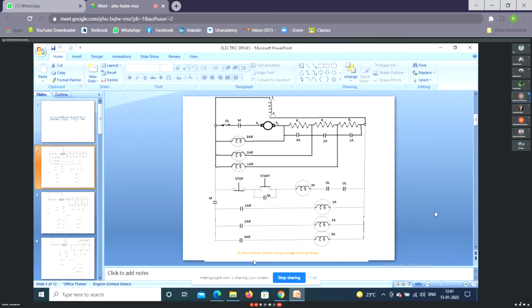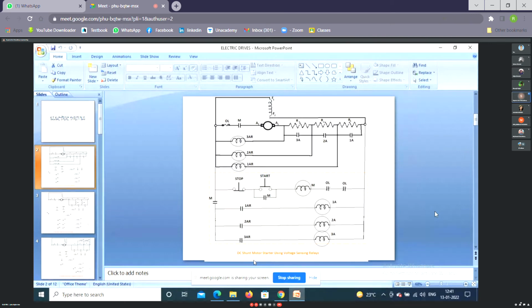The DC motor voltage equation is: supply voltage equals back EMF plus IaRa drop. As the speed is 0, the back EMF is 0. So if we apply the full voltage, a large current will flow through the armature, which will burn out the armature.